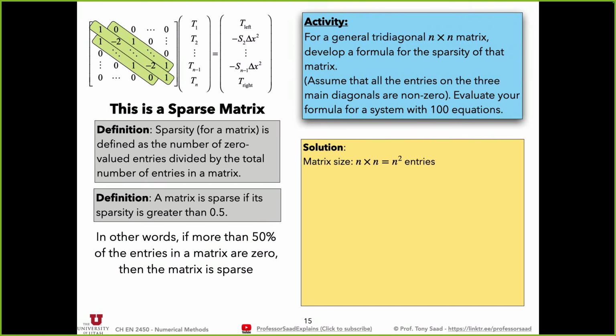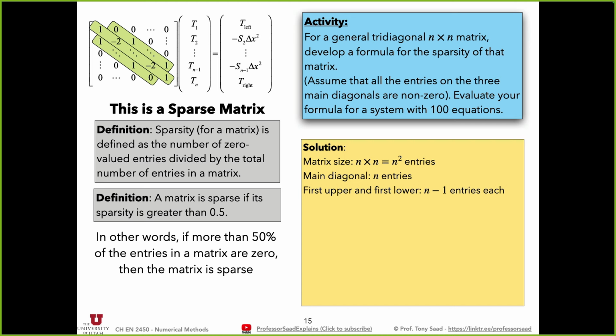So here's the solution. We know that the matrix size is n by n, so it has n squared total entries. So we know that's going to be in the denominator. Now, how do we count the number of zeros? I don't know that, but I know the number of non-zeros. I know on the main diagonal, I have n non-zero entries. On the first upper and first lower, I have n minus 1 entries each.